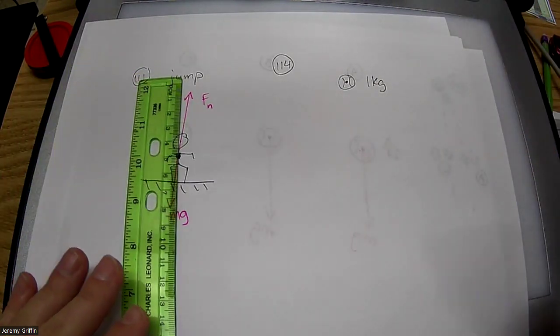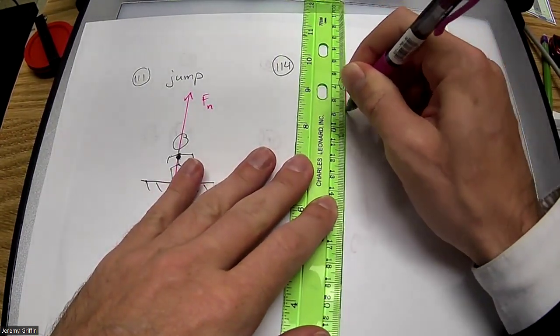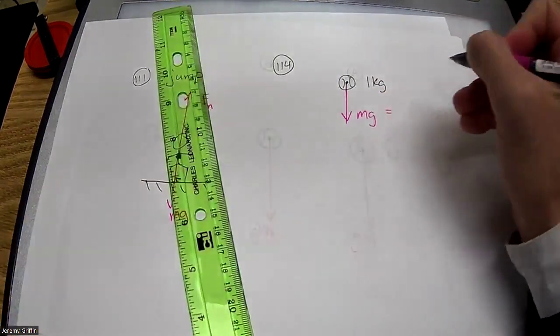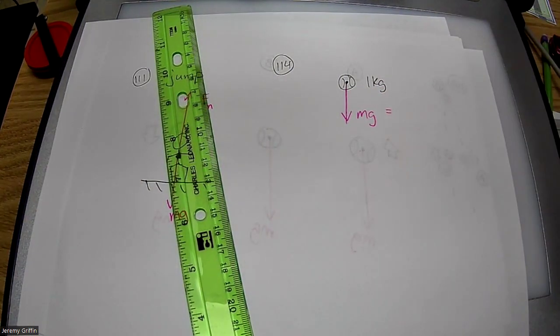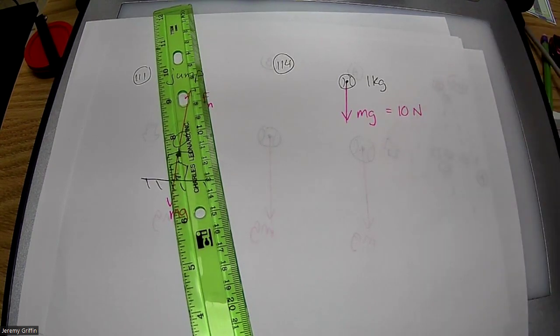What is the net force in free fall? Suppose you just drop it off the edge of a cliff. Does it have a weight? mg. And guys, what is that force equal to on Earth, about? There you go. Pick your favorite, 9.8 or 10 newtons, because it's a weight, it's a force.